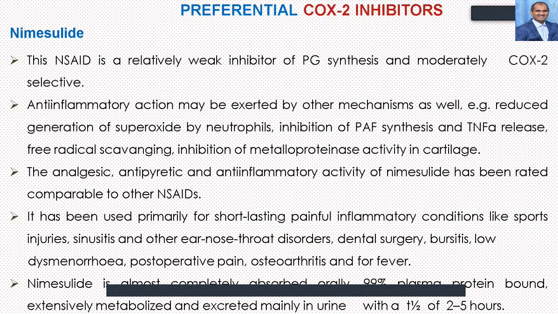It is also used in sinusitis and other nose and throat disorders. In dental surgeries, nimesulide is very commonly used, and also in bursitis, dysmenorrhea, post-operative pain, and osteoarthritis, and also in fever induced by many reasons.